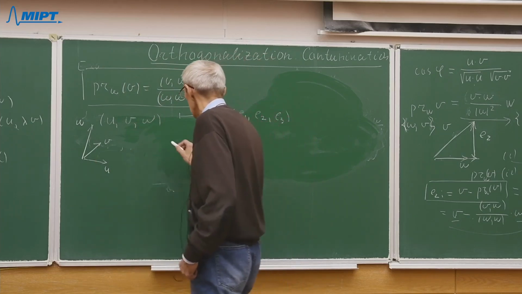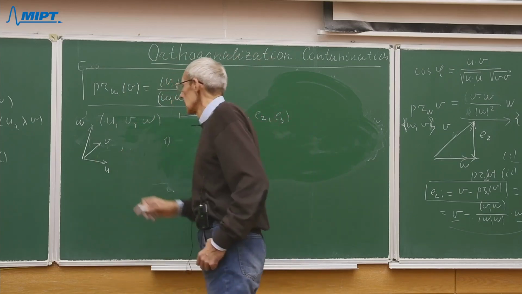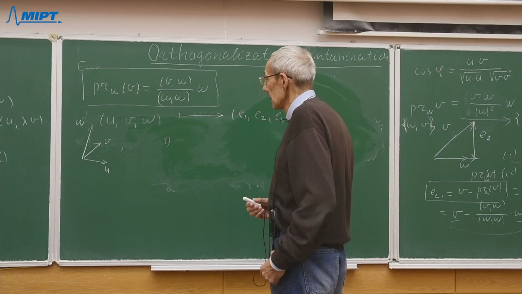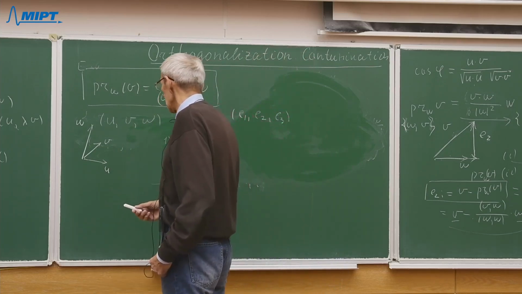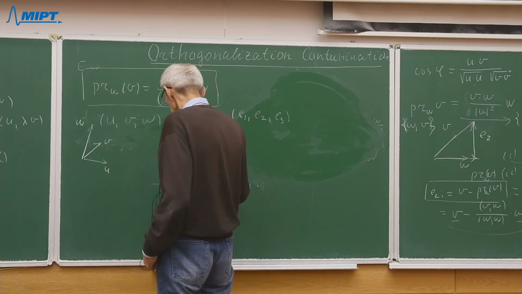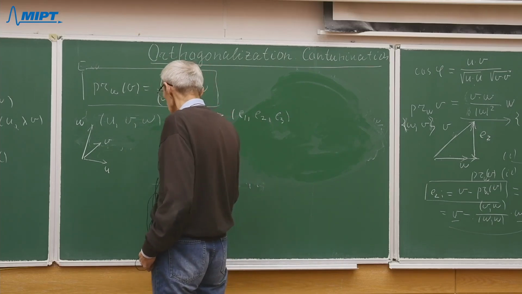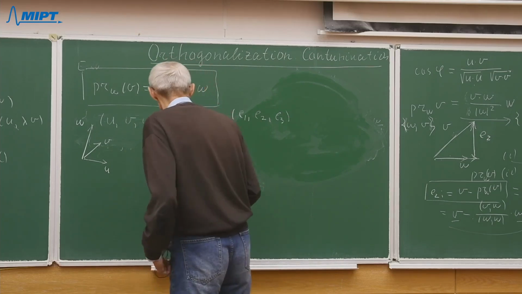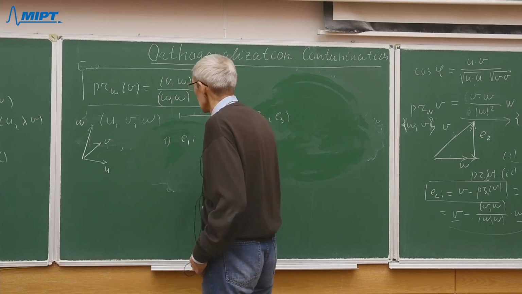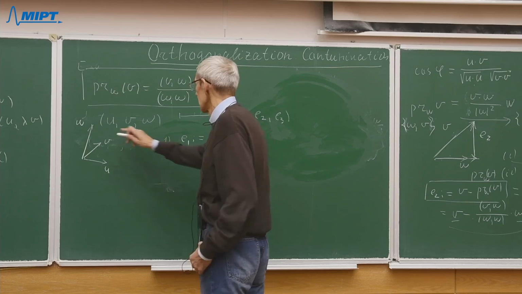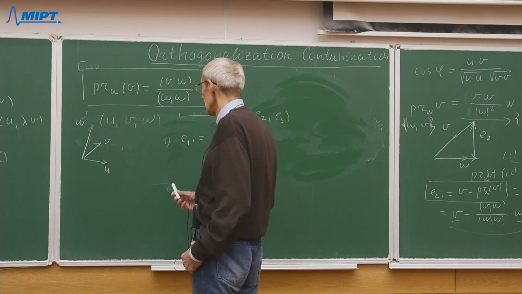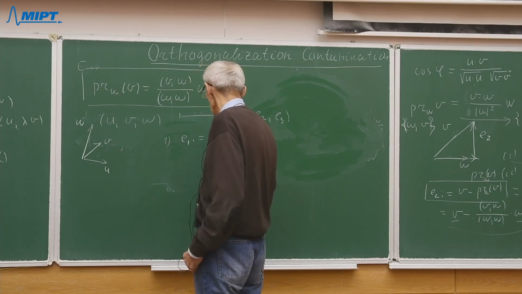And on the first step, we orthogonalize this system of two vectors. First step, we put e1 of the new orthogonal system equal to the first vector of our initial system, u.